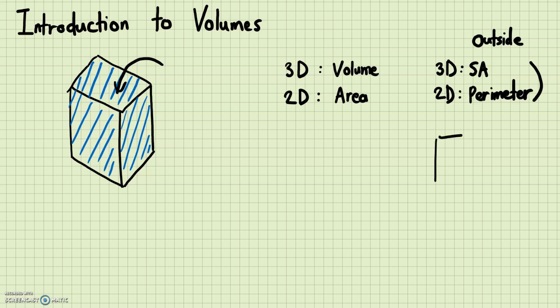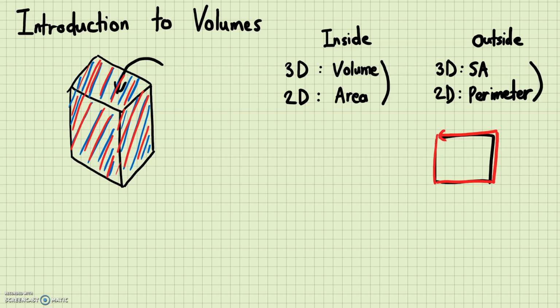In two dimensions, perimeter means what's the outside length. For three dimensions, it's the area of the shapes that are outside of that figure. Whereas volume in three dimensions and area in two dimensions are concerned with the inside of the figure. How much stuff can we put inside?